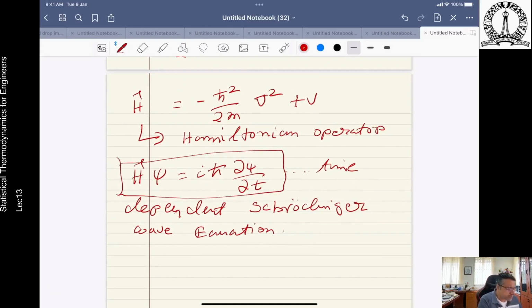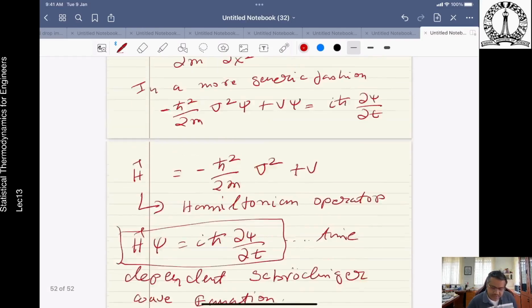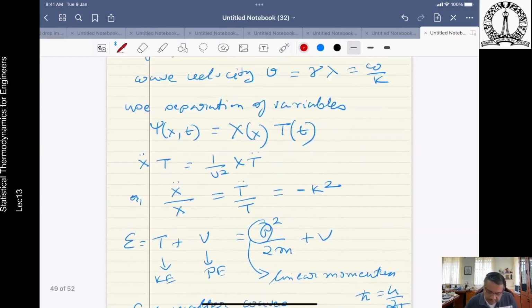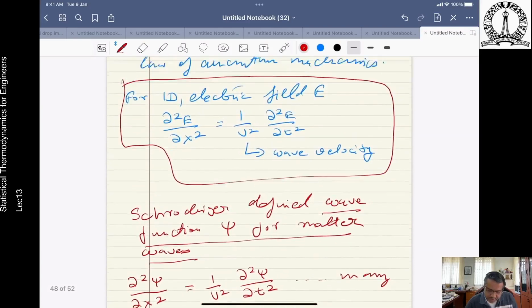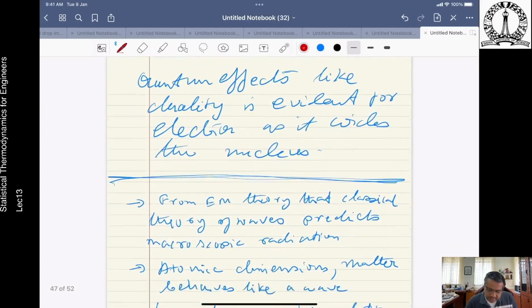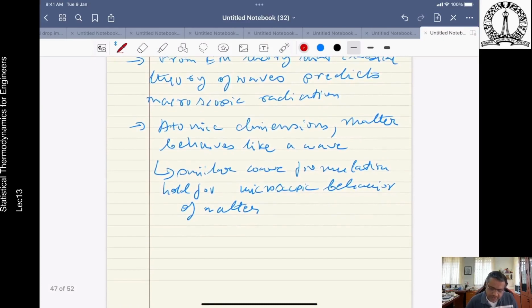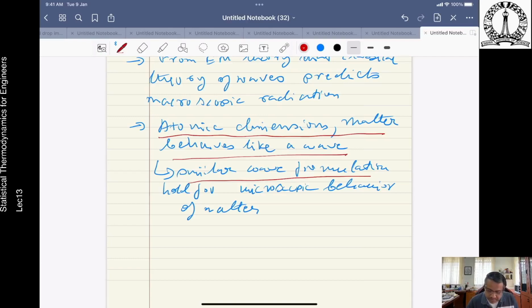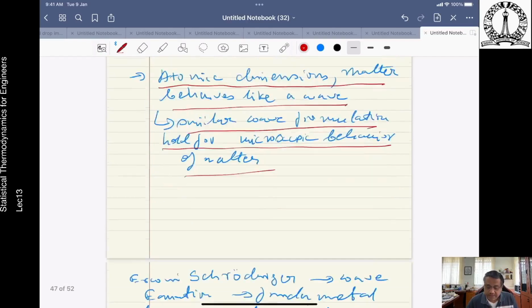Let's see if we have missed anything here. Once again, it is a heuristic way of understanding the whole thing. We have done a lot of math, so let us do a very quick recap. At atomic dimensions, matter should behave like a wave, so a similar wave formulation can be done for matter.